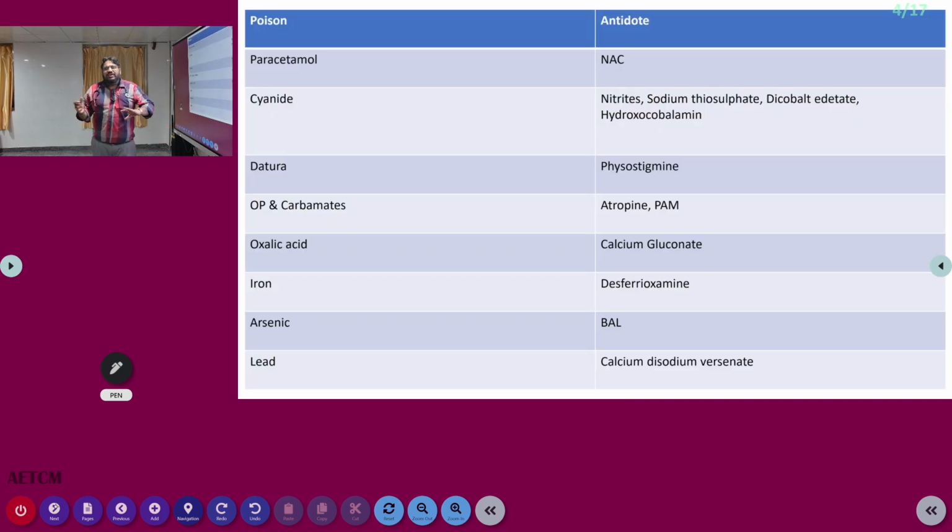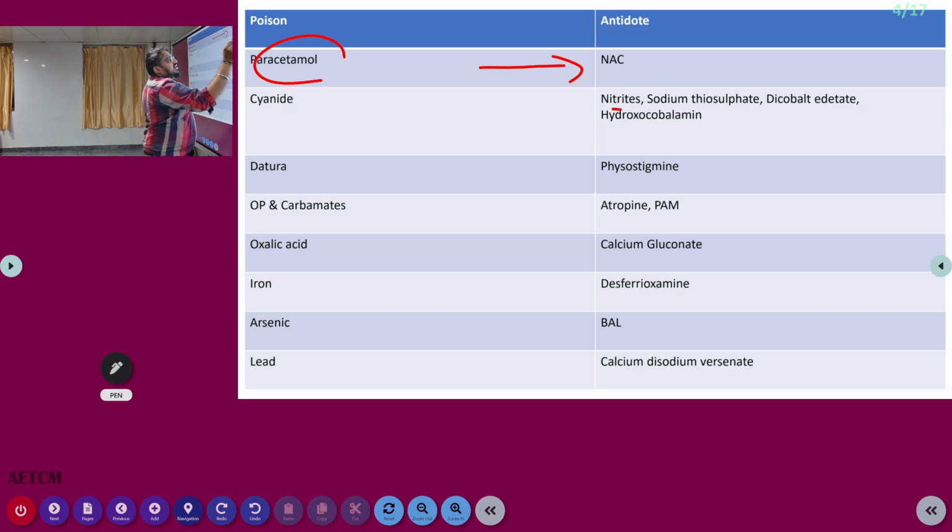Now let's quickly go on, because this is one of the favorite questions whenever you are preparing for any of your entrance examinations, whether UG, NEET, or PG: what are the common poisons and their antidotes that you should be aware of. Paracetamol, you have N-acetyl cysteine. Cyanide toxicity, you have nitrites, sodium thiosulfate, dicobalt EDTA, and hydroxocobalamin. Remember that.